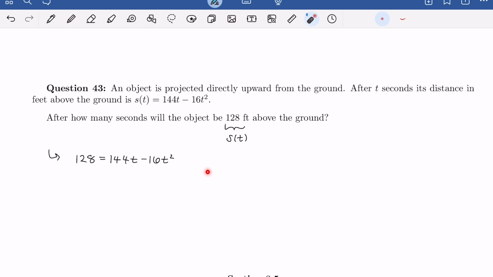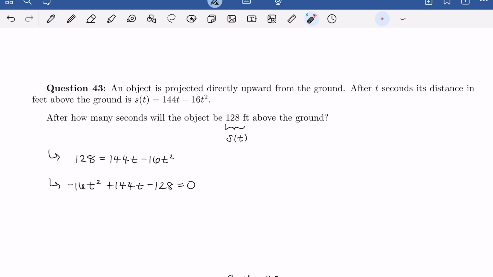So we have a quadratic equation. So again, the first step is going to be to write this in standard form. So we'll move the 128 to the other side of our equation. We're going to be left with this here, and this is going to be equal to 0. So the first thing that we'll do is pull out a greatest common factor.